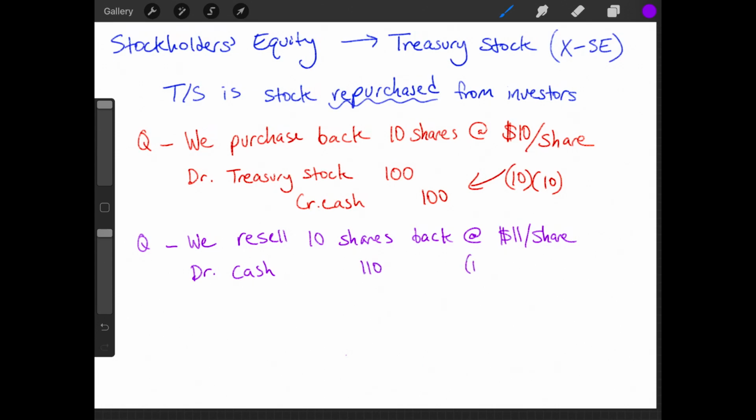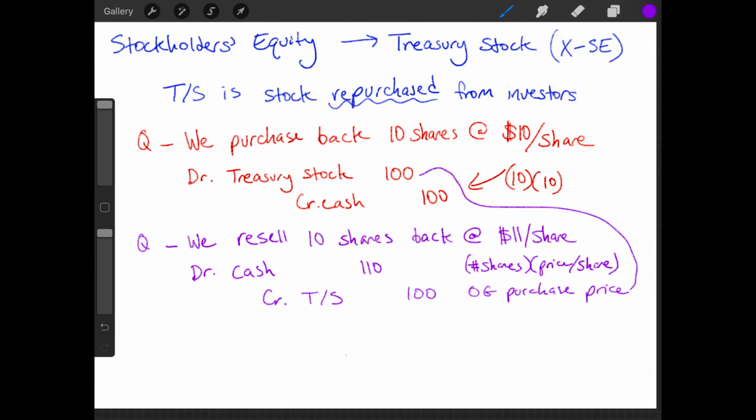So that's going to be the $11 per share times 10 shares. And then we always want to credit our treasury stock by the amount that we originally repurchased it for. So we had repurchased it for $100, and so that's what we're going to credit treasury stock for, that original purchase price amount.